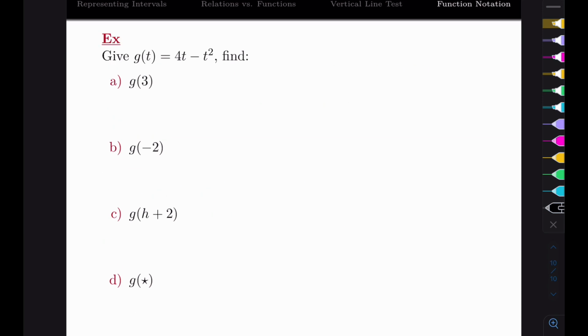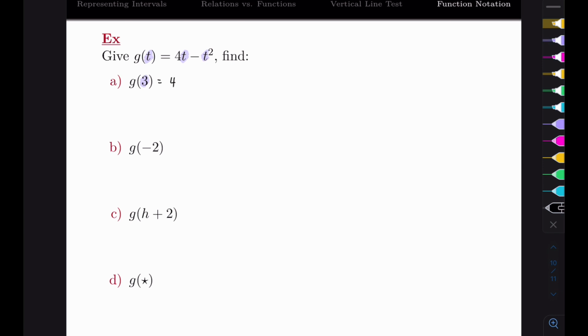So let's try an example. Given this function g of t, so t is the input, which is 4t minus t squared, we want to find the following things. So first and foremost, we want to find g of 3. So looking at our original expression, anywhere I see a t, that was what this input is, I'm now going to replace the t by 3.